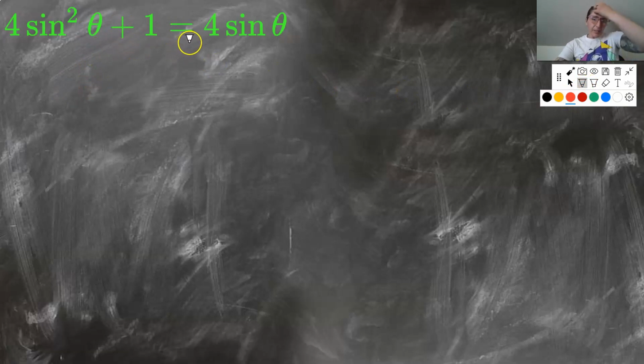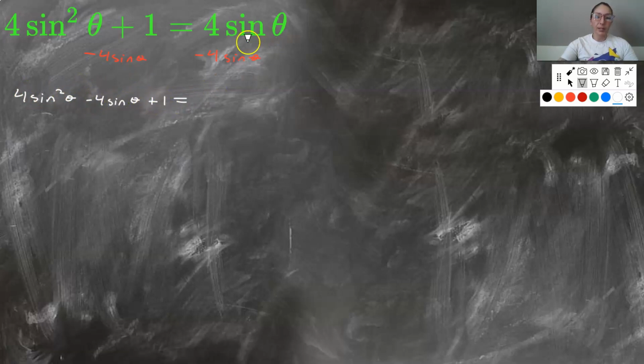So this isn't set equal to 0, so I can't just start off in quadratic formula. Let me subtract 4 sine of theta from both sides. So we have 4 sine squared theta minus 4 sine theta plus 1 equals 0 now. Great, now I'm set up for quadratic formula.